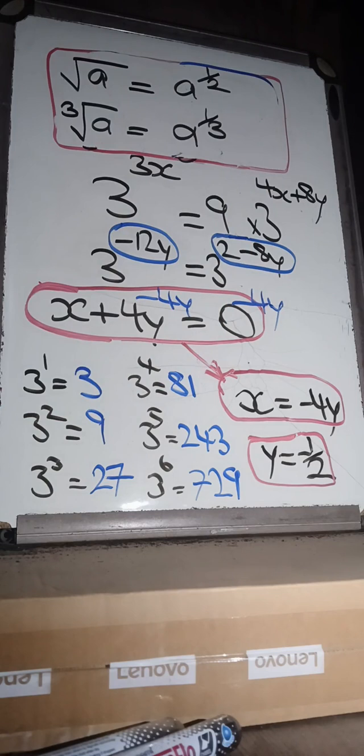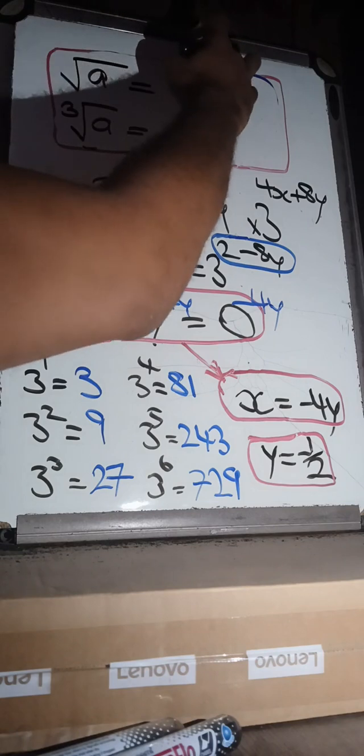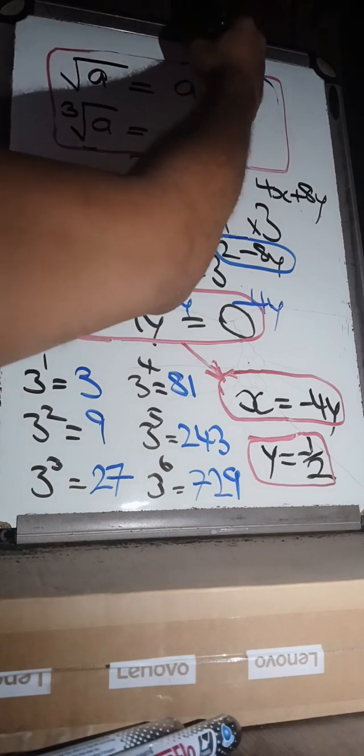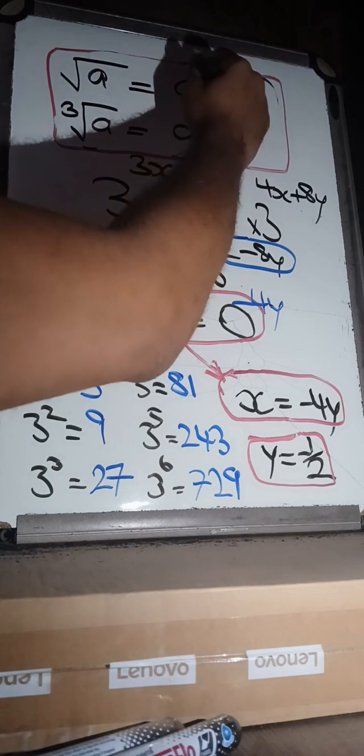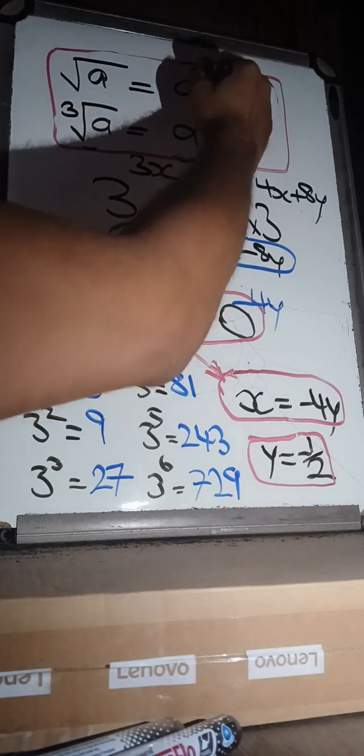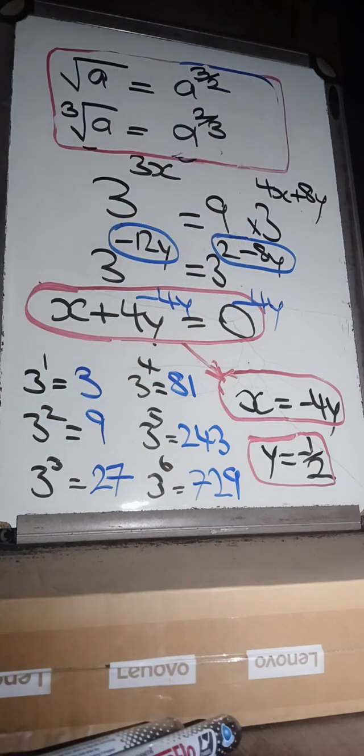Now there are times when they get a little bit, you know, what's the word now? They get clever with these a lot of the time. Because sometimes they say, well, what if I wanted you to find a to the 3 over 2 and a to the 2 over 3?